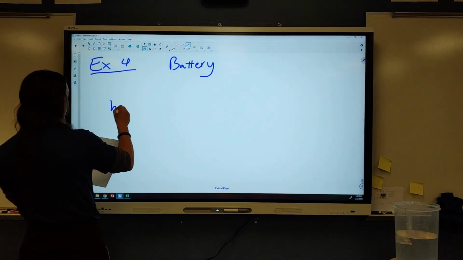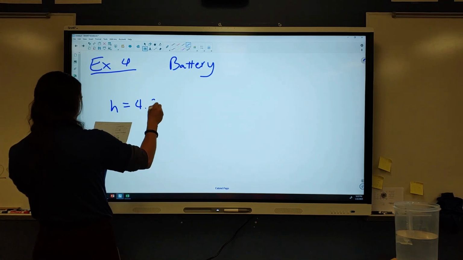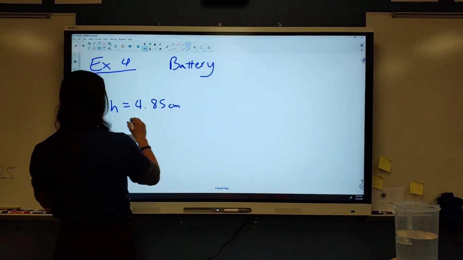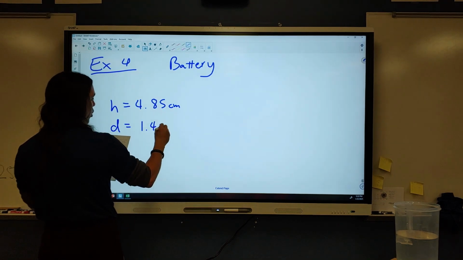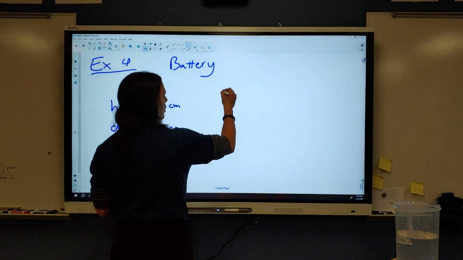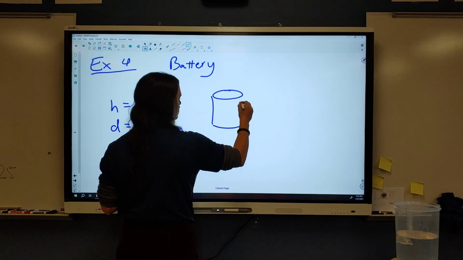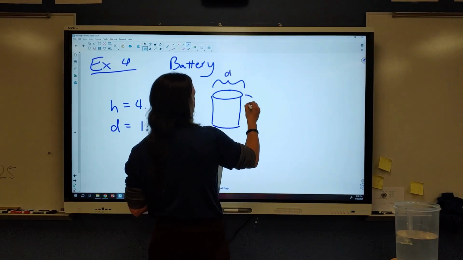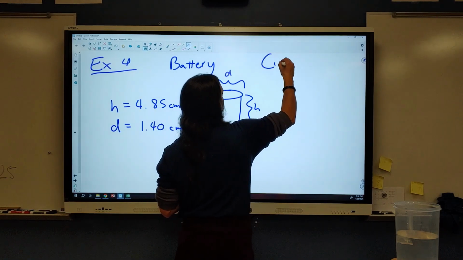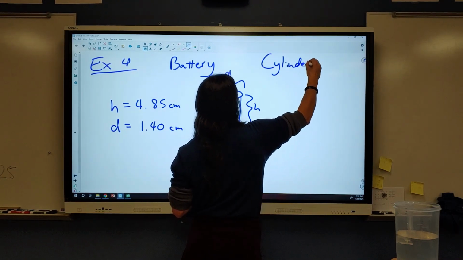We have that the height is equal to 4.85 centimeters, and our diameter, once again, is 1.40 centimeters. Now we're dealing with a cylinder that looks like this, where we would have our diameter, D, and our height, H. So we are dealing with a cylinder shape.